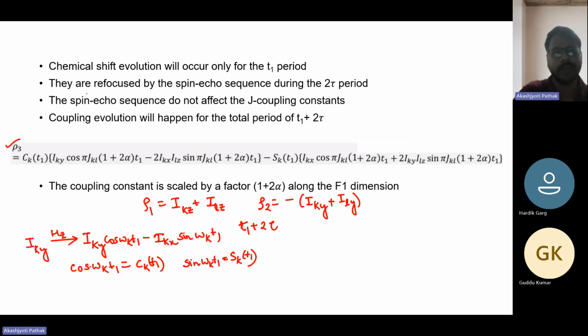In the F1 dimension. Based on this expression, the product operator expression was 1 plus 2 alpha T1. So in the T1 dimension, or the indirect dimension, or the F1 dimension, all these are the same thing, they are getting scaled up by a factor 1 plus 2 alpha.